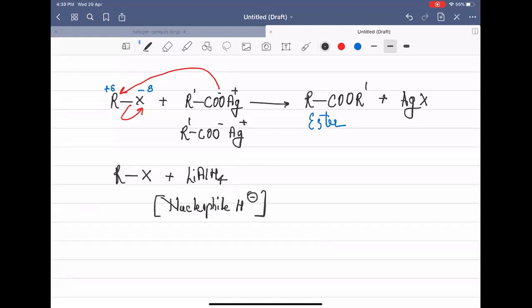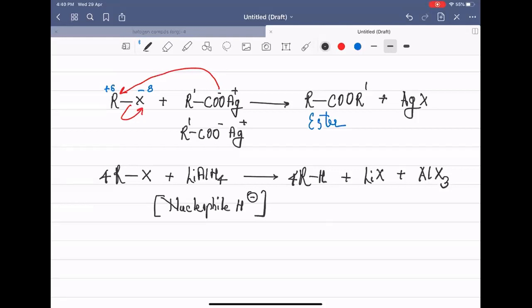So your product would be RH, and you have LiX and AlX3 all separated, and you can have four of them. That's how it is.